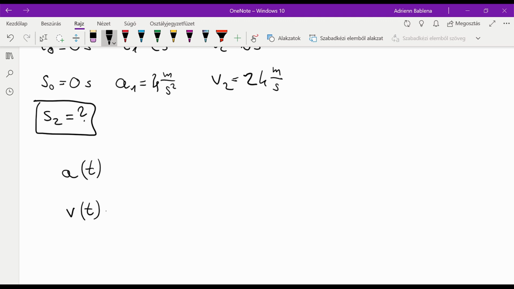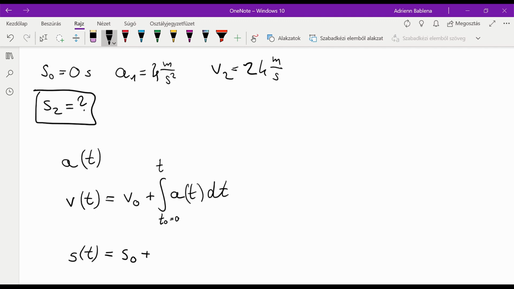The velocity is the integral of the acceleration, and don't forget the constant part. T0 now it's 0, and displacement is the integral of the velocity.